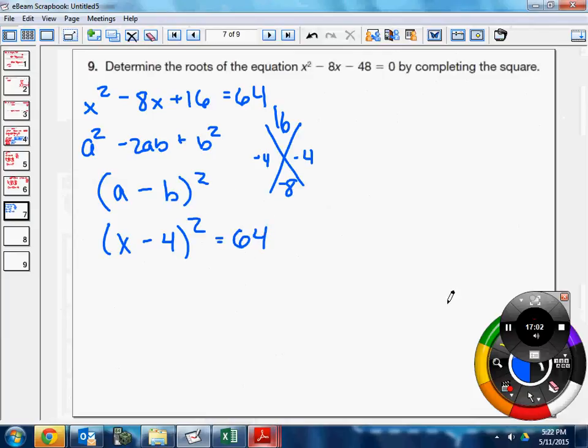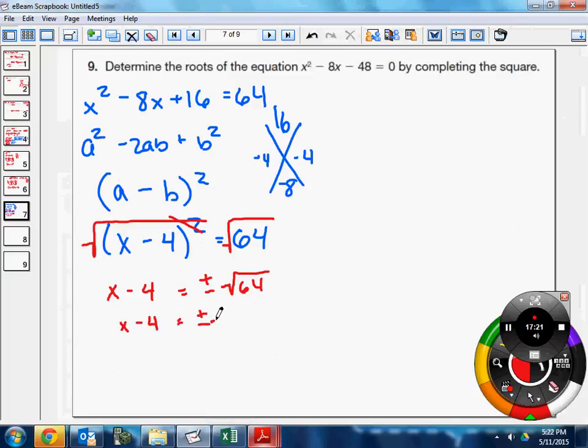Now, I need to take the square root of both sides to cancel this out. When I take the square root, remember, it's not just positive now. It is also negative, so plus or minus the square root of 64. Well, this one happens to be a perfect square, so this is going to be x minus 4 equals plus or minus the square root of 64.